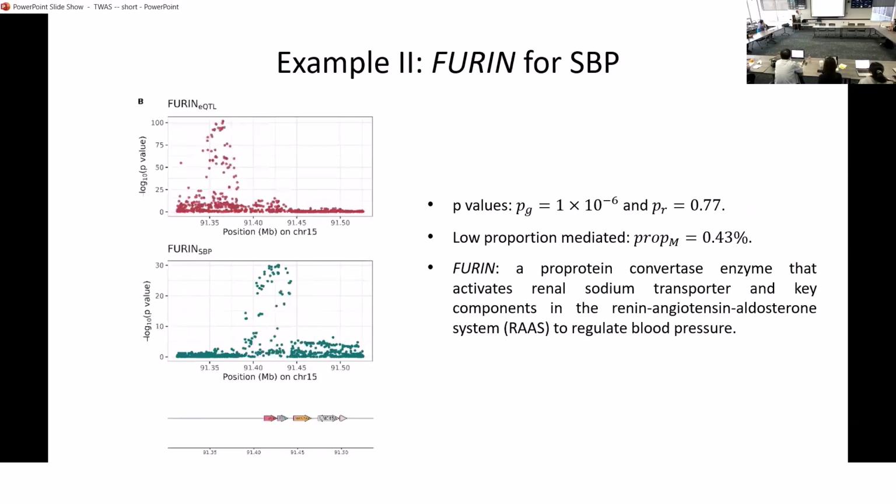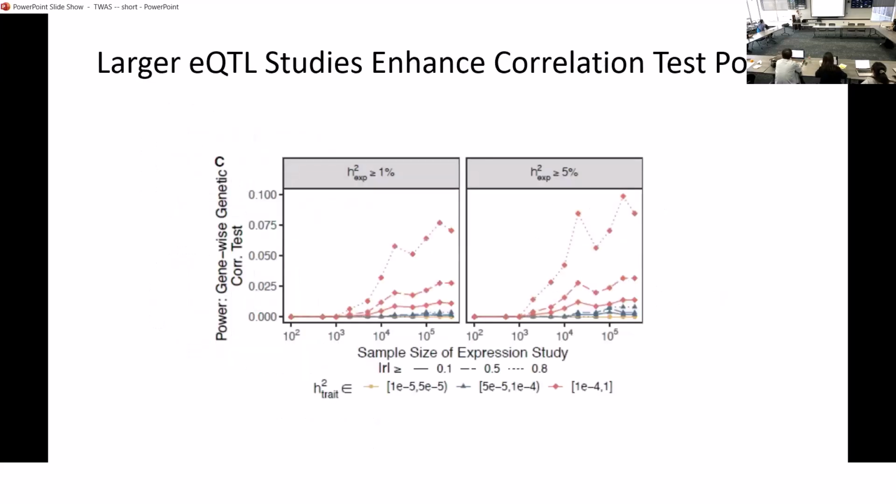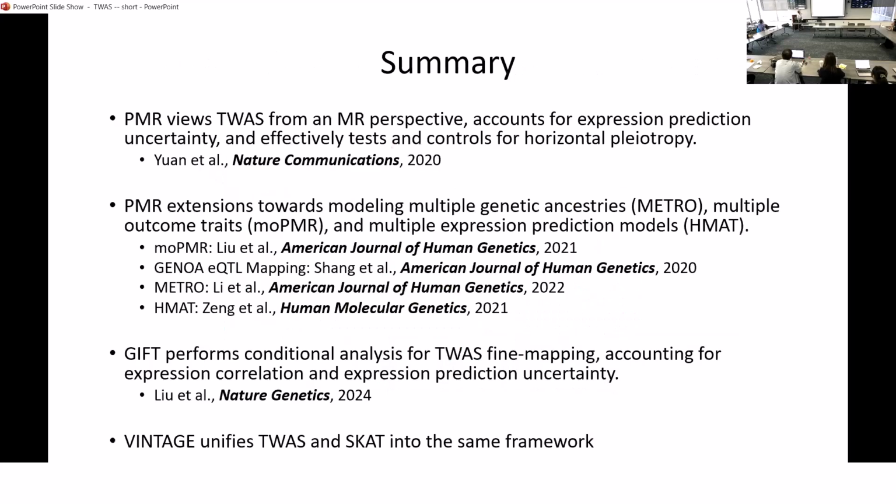On the other hand, another example is significant in the genetic variance test but not in the correlation test, meaning that the SNP effect on the trait is potentially not significantly mediated through gene expression. That's very helpful. It gives you really useful biological information on teasing apart the actual transcriptomic mechanism underlying those associations. I'll skip that.